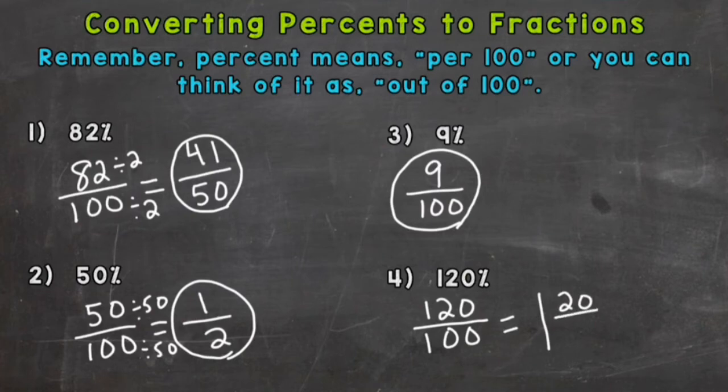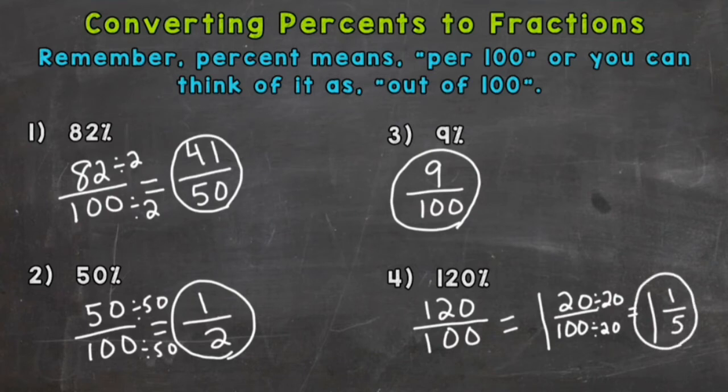Because it's an improper fraction, we change it to a mixed fraction and get 1 and 20 over 100. Now 20 over 100 can be reduced further, so we divide the numerator and the denominator by 20, and that gives us 1 whole number and 1 over 5. So this is not difficult at all.